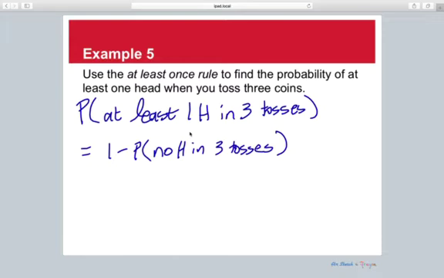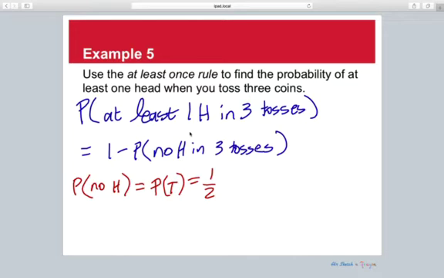All right, so what is the probability just of not getting heads? Just in a single toss. Well, that's the same as saying there's only 2 outcomes, so that's the same as saying the probability of getting tails, right? Which is just 1 out of 2.